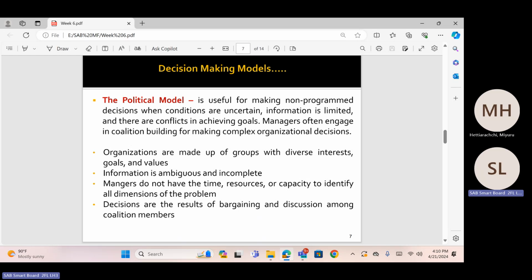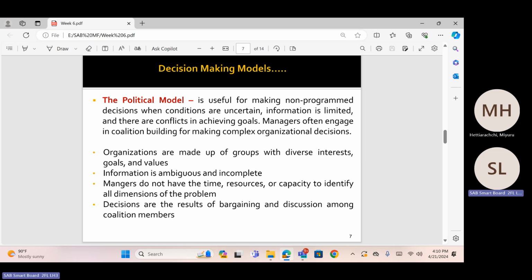Therefore, in making those complex decisions, this model says managers should use coalitions. They should make decisions in teams. Right. What are the reasons to say so? One is that organizations are made up of different groups which have diverse interests, goals, and values.